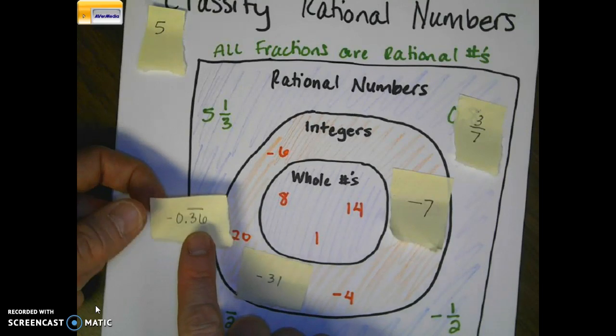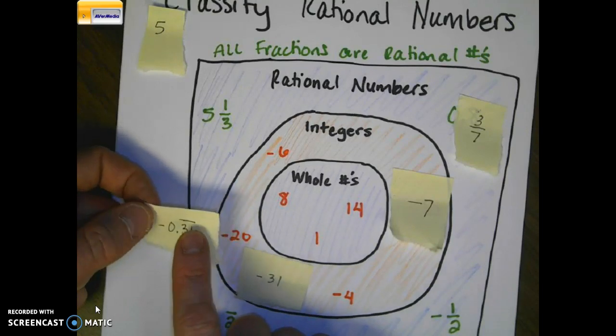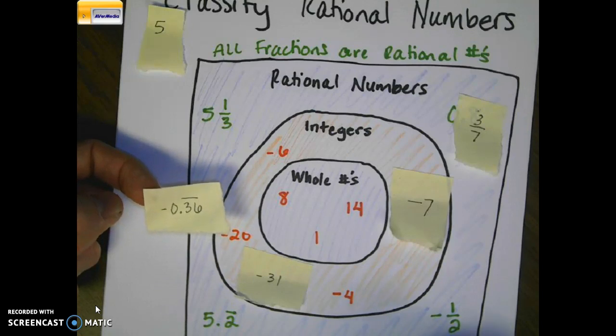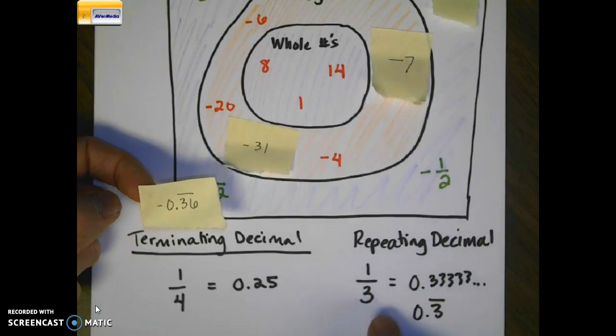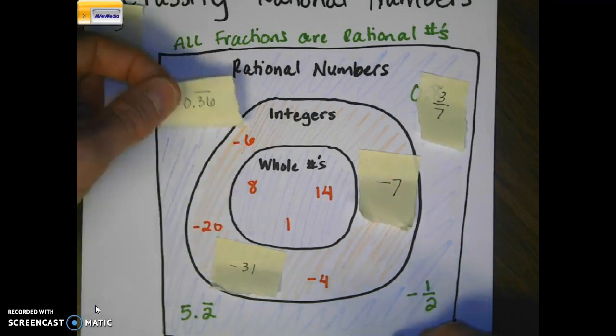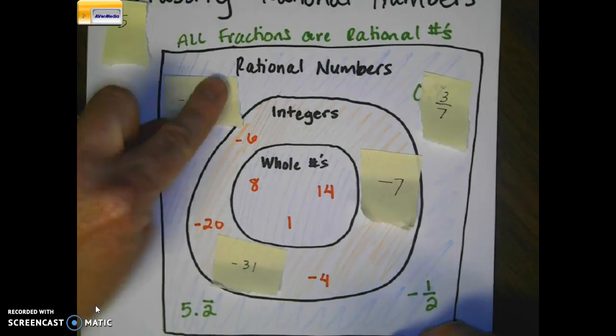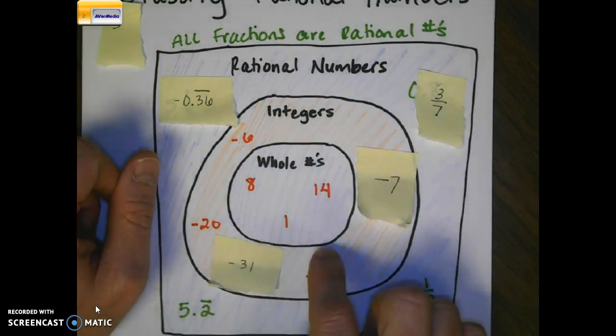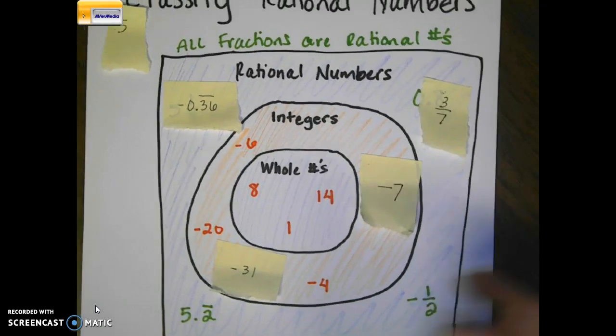And look, it's a repeating decimal. What keeps repeating? Guess before I tell you, please. Yeah, the 3 and the 6 keep repeating. Remember, we wrote this down here. Repeating decimal. So a repeating decimal, you can write that in fraction form, but we're going to classify this guy as just a rational number because it doesn't necessarily fit in the integer circle or the whole number circle.